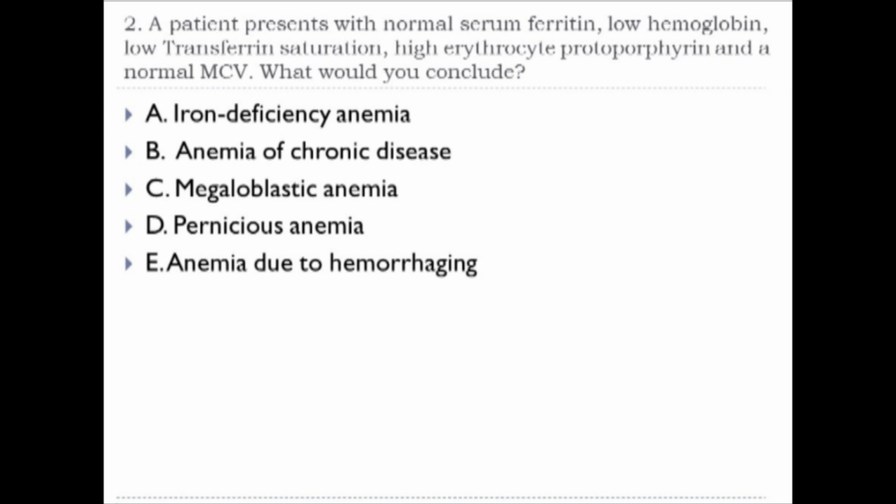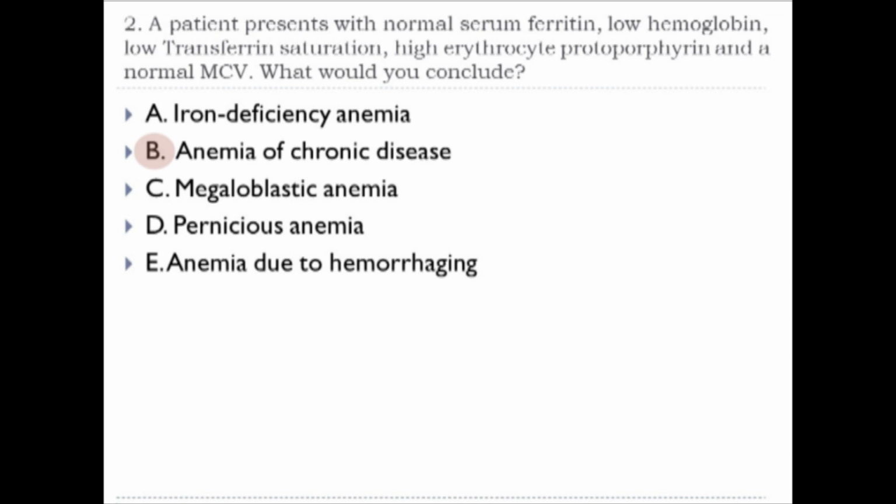Second question: a patient presents with normal serum ferritin, low hemoglobin, low transferrin saturation, a high erythrocyte protoporphyrin, and a normal MCV. What would you conclude? Pause here and select your answer. The correct answer is B, anemia of chronic disease. What was the rationale?